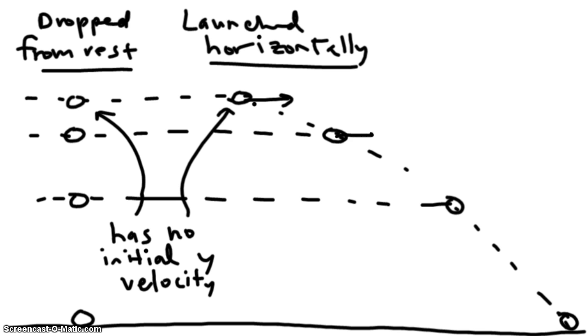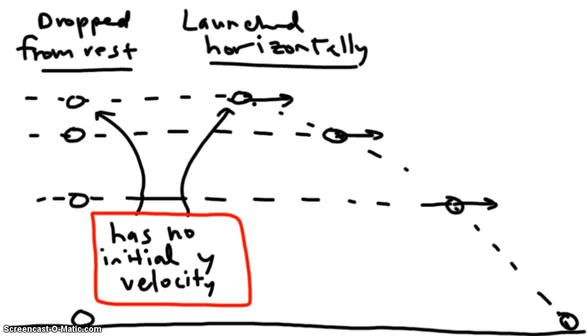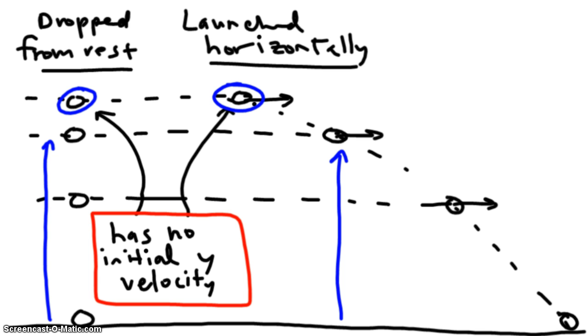All of its initial velocity is in the x direction, causing it to have identical vertical motion as the marble dropped from rest. And if their vertical motion is identical, then their vertical height above the ground will also be identical at the same moment in time.